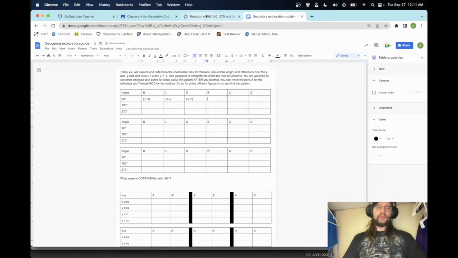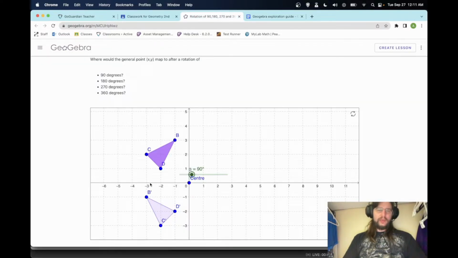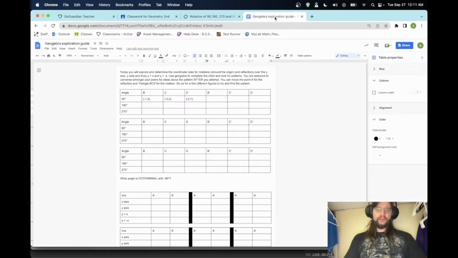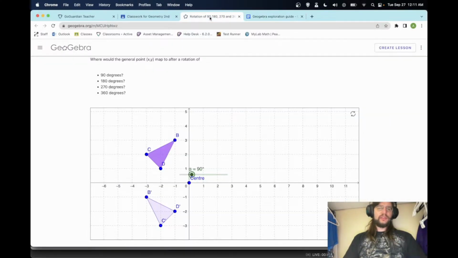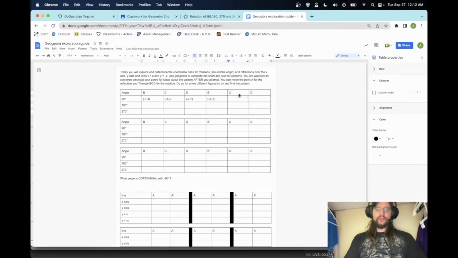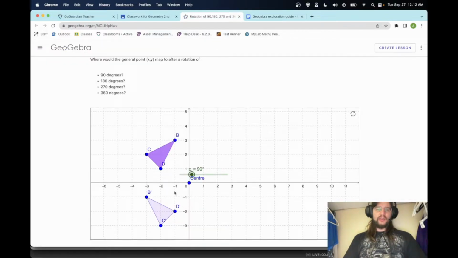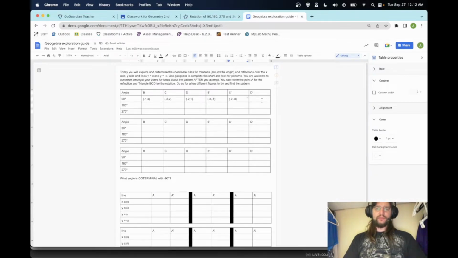Now let's look at our image points. B prime, -3, -1. C prime is at -2, -3. And D prime is at -1, -2.